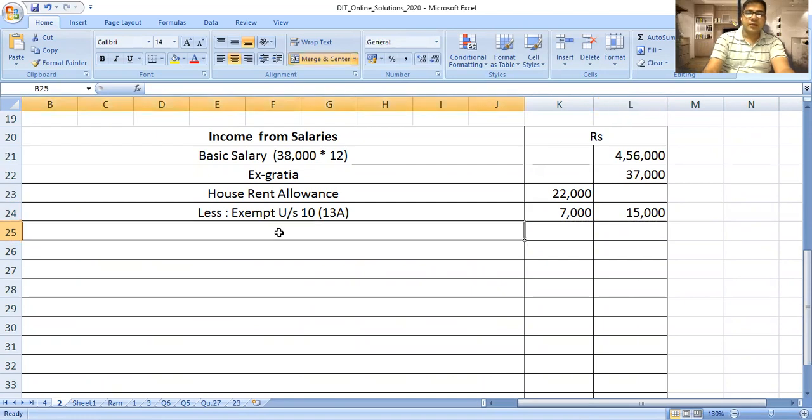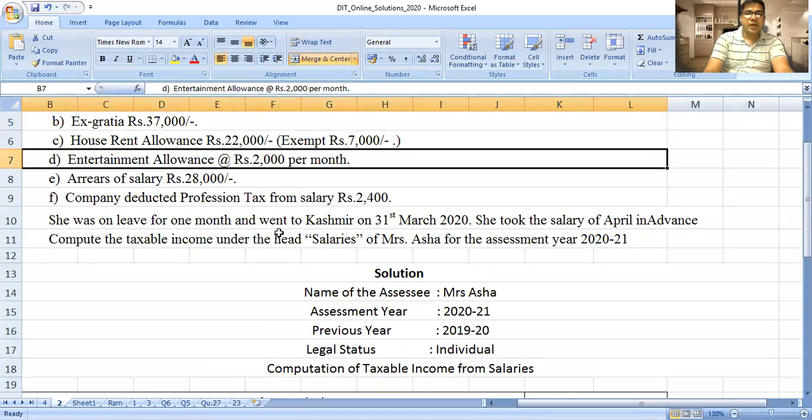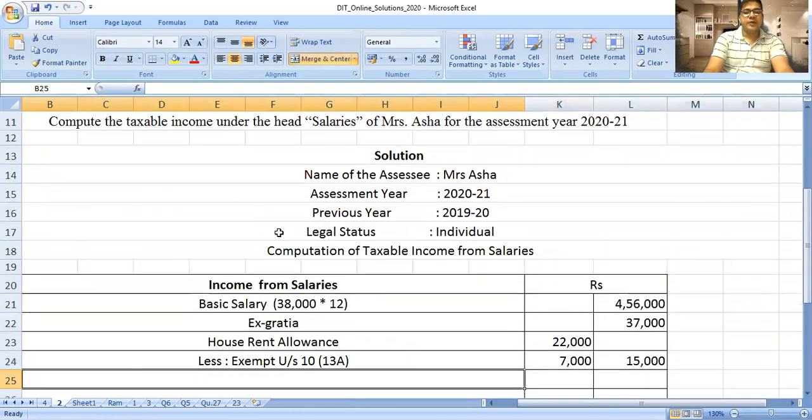After recording the house rent allowance, the next item is entertainment allowance at the rate of rupees 2,000 per month. So Mrs. Asha received entertainment allowance 2,000 per month.